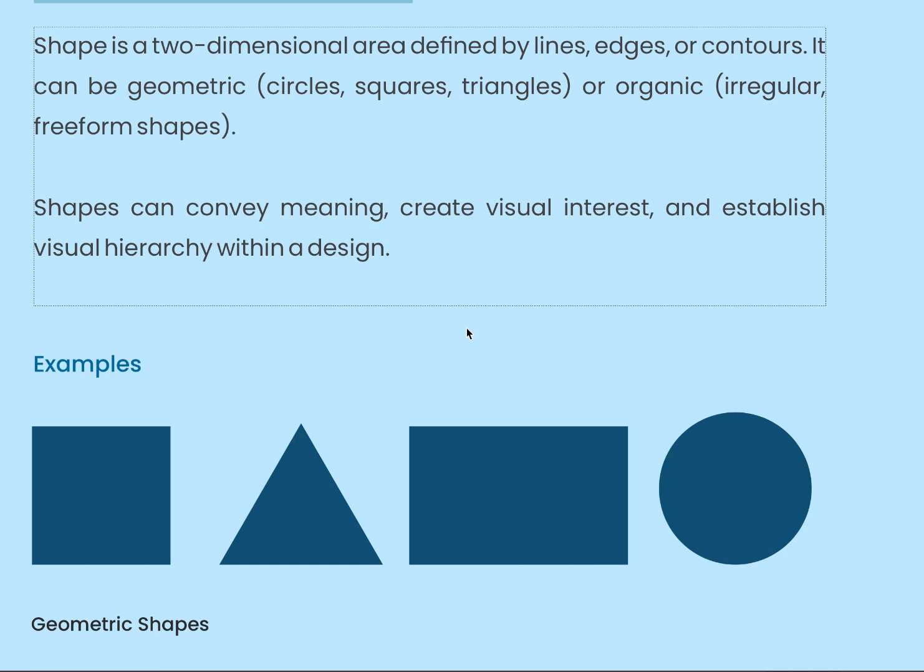The best meaning I can give you in this video, and you can go and look for other resources yourself, is that when you are dealing with triangle, square, and rectangle, because of their sharp edges, they convey more of seriousness, more of officiality.